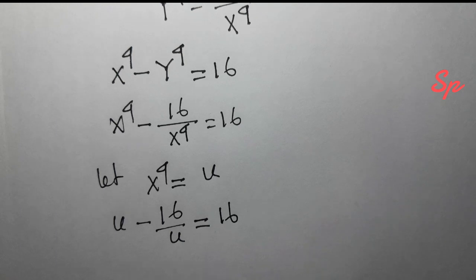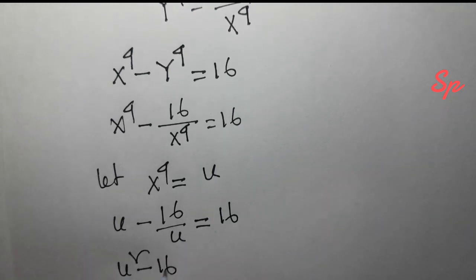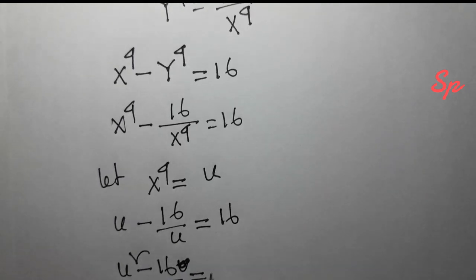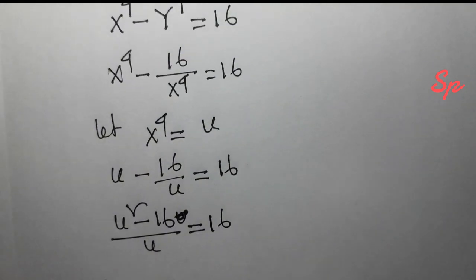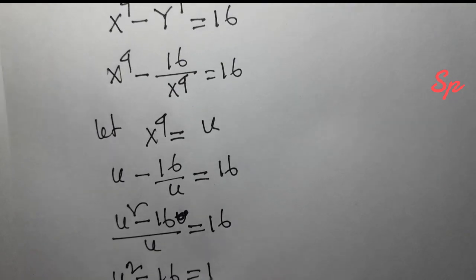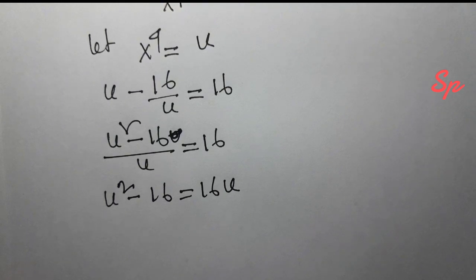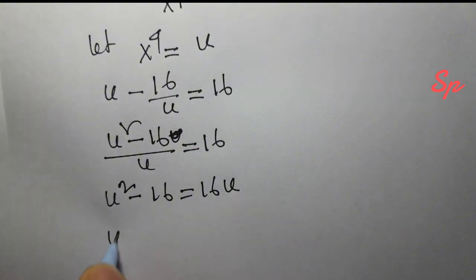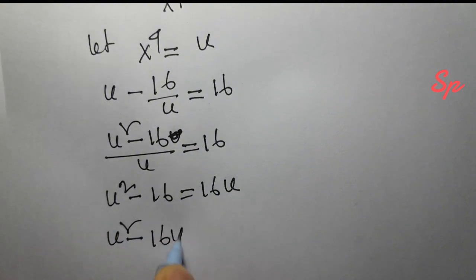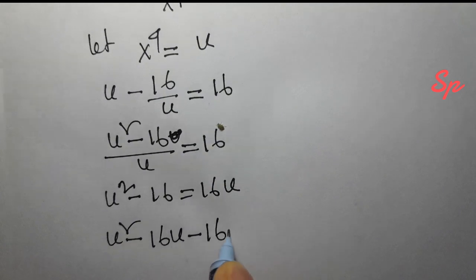Now we take the LCM: u square minus 16 by u is equal to 16. Then we can write the next step, u square minus 16 is equal to 16 u. Here u square minus 16 u minus 16 is equal to 0.